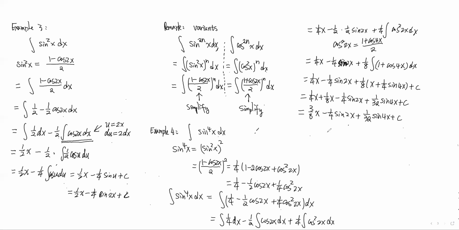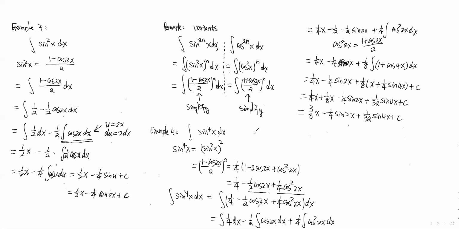You can feel if the number n is bigger, the power of every term will be greater, right? And then if the power is greater, you have to repeat to use the identities. Try to make the power to be 1 and increase the number inside the sine.